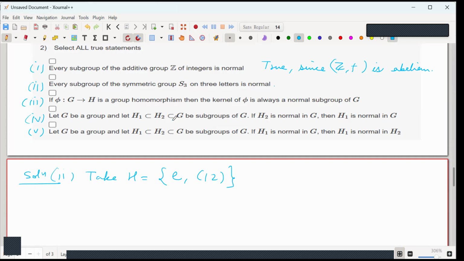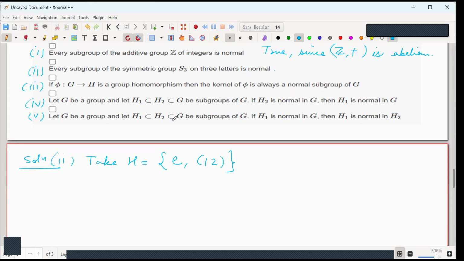Yes. So can you give me an element G such that G inverse is not inside H? So (2 3) and (2 3). Okay, so then (2 3)(1 2)(2 3) inverse, right?